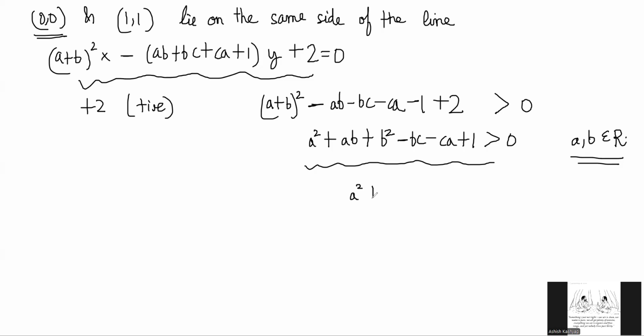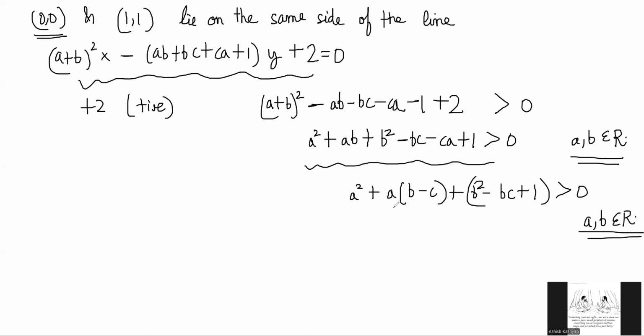So we can say a square plus a times (b minus c) plus b square minus bc plus 1 is greater than 0 for all a, b which are real numbers. So the only way this will happen is if the discriminant here is less than 0, right?